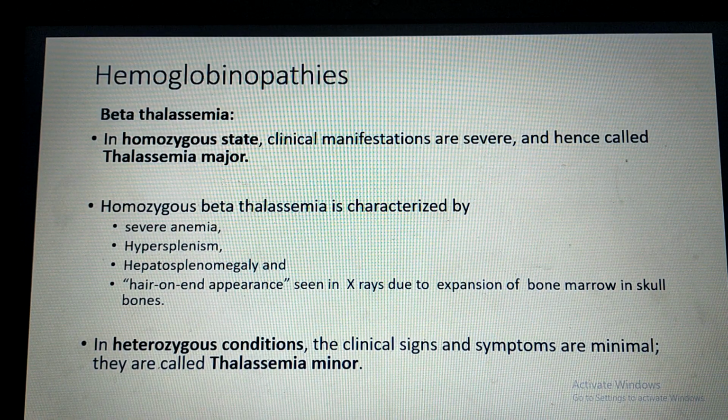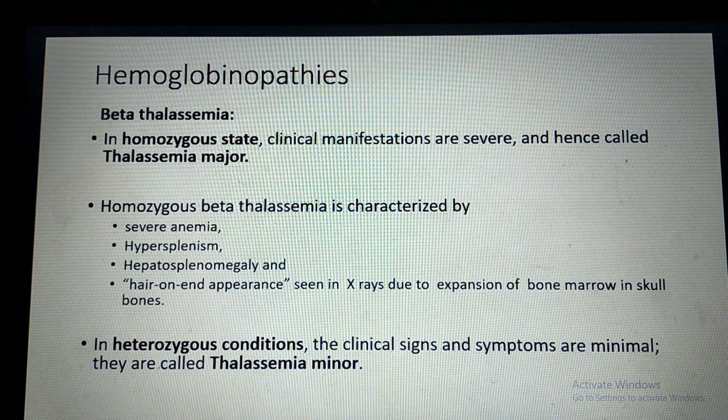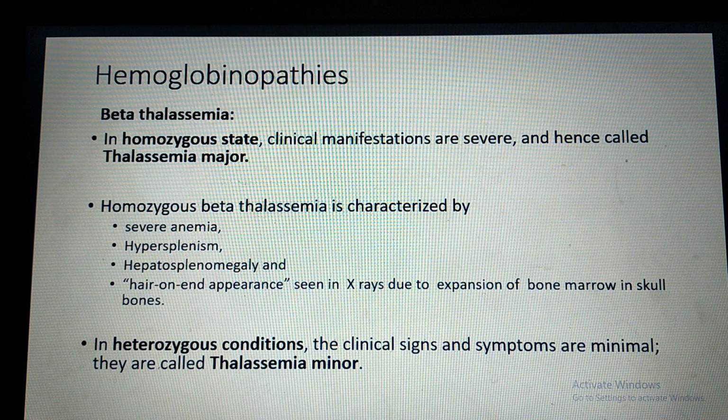In the homozygous state, when both the alleles of beta chain synthesis are mutated or abnormal, the clinical manifestations are severe and hence it is called thalassemia major. This homozygous state is characterized by severe anemia, hypersplenism, hepatosplenomegaly, and hair-on-end appearance on X-ray due to expansion of bone marrow in the skull bones.